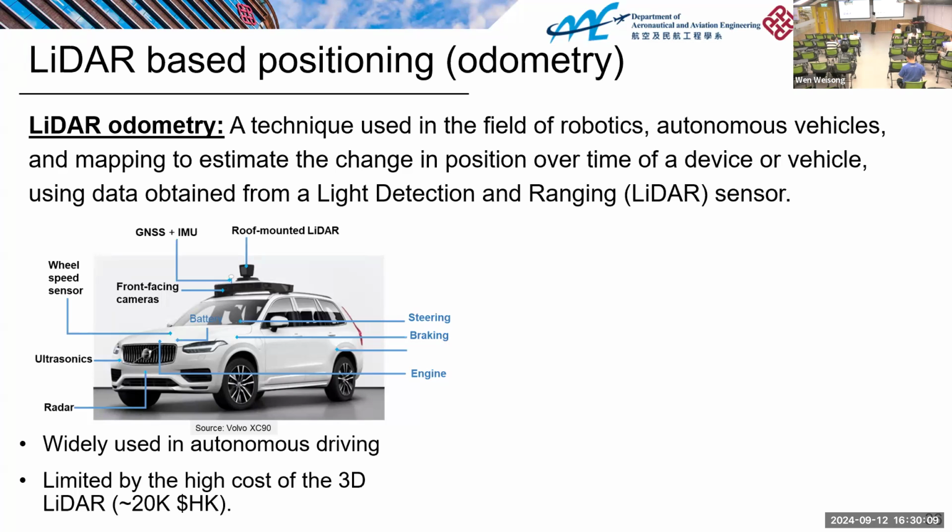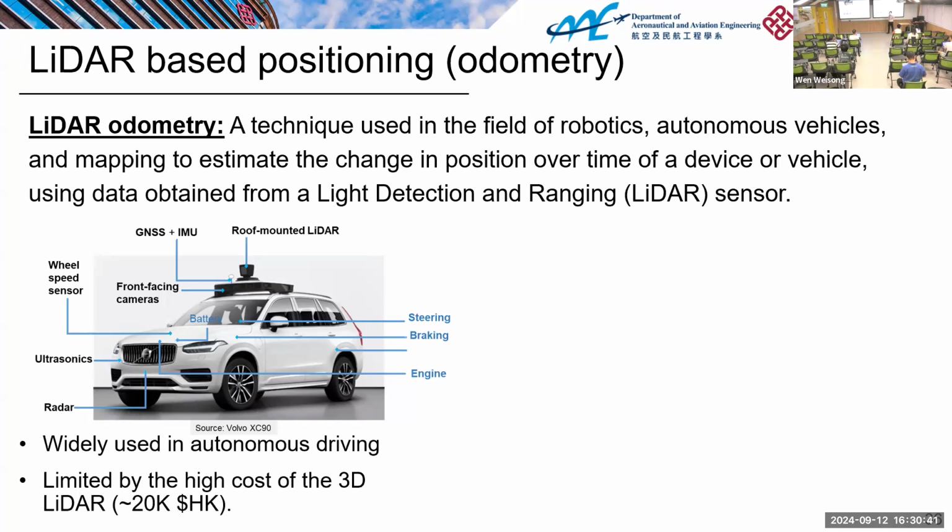In terms of cost, I teach this course, Guidance and Navigation, for fourth-year students. In the first year, the cost of this sensor was maybe 0.5 million. In the second year, it became 0.3. In the third year, it became 0.2. By this year, in the cheapest case, the LiDAR is only 20K or 40K something.